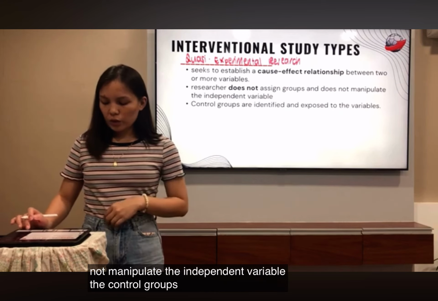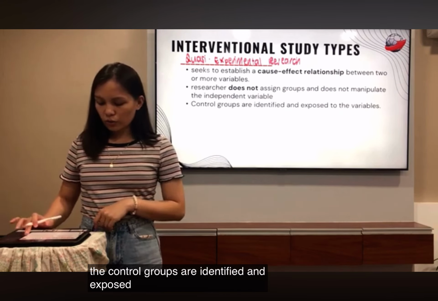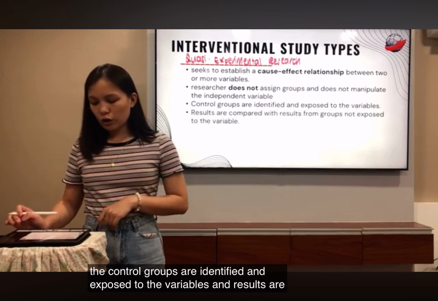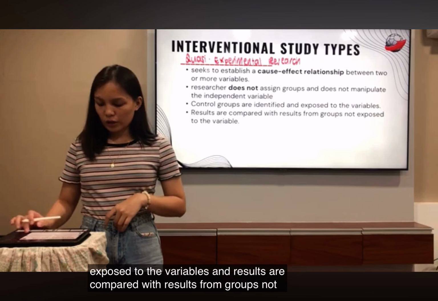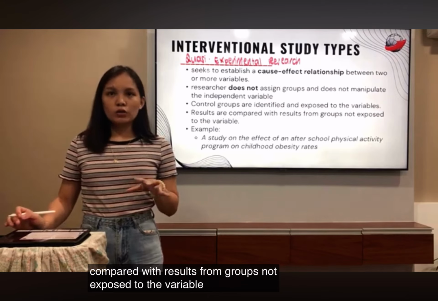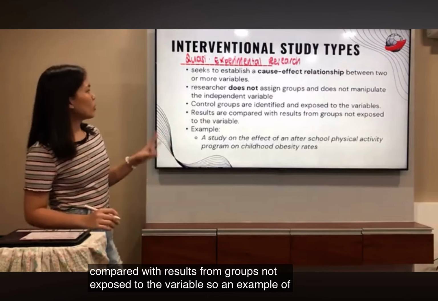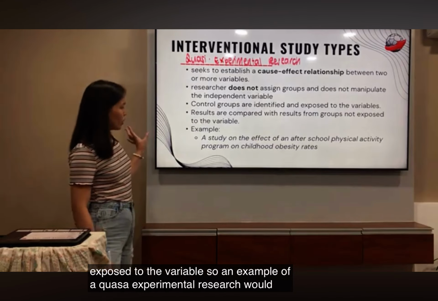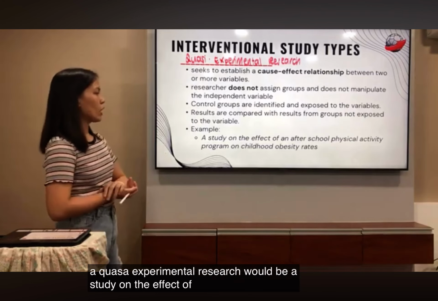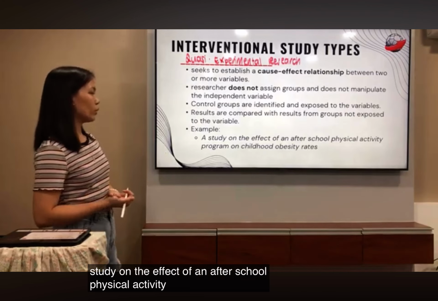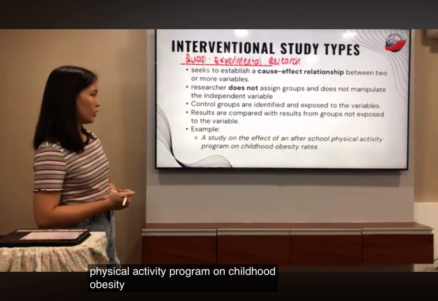The control groups are identified and exposed to the variables, and results are compared with results from groups not exposed to the variable. An example of a quasi-experimental research would be a study on the effect of an after-school physical activity program on childhood obesity rates.